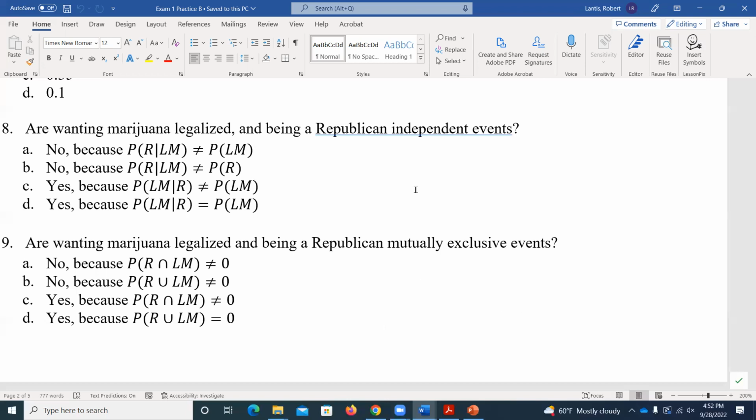So C wouldn't even be possible. C doesn't make any sense at all. It doesn't line up with the definition of independence. So if we're looking at this, we could have ruled A and C out, just matching up. If they're independent, they have to be equal, and the other one we could rule out because we weren't even comparing the conditional and unconditional probability. Yep.